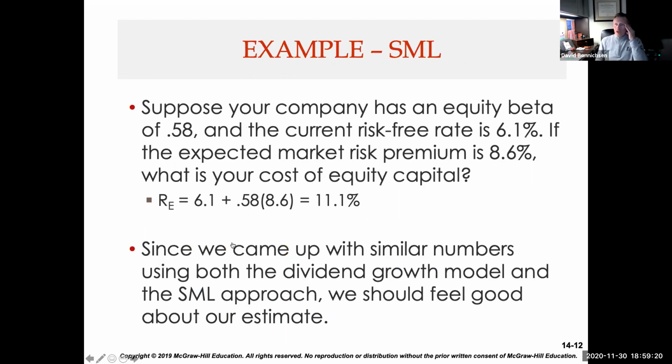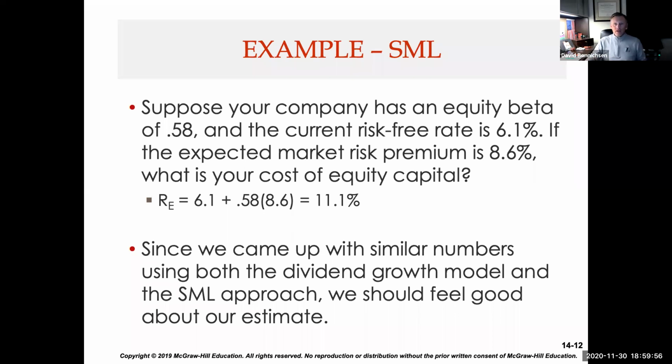So if we have a company in this example that has an equity beta of 0.58, in terms of systematic risk, risk that's inherent in the system, risk that cannot be diversified away, this company has 42% less risk than the overall market, because we said that the beta of the market is always equal to 1 when the markets are in equilibrium.